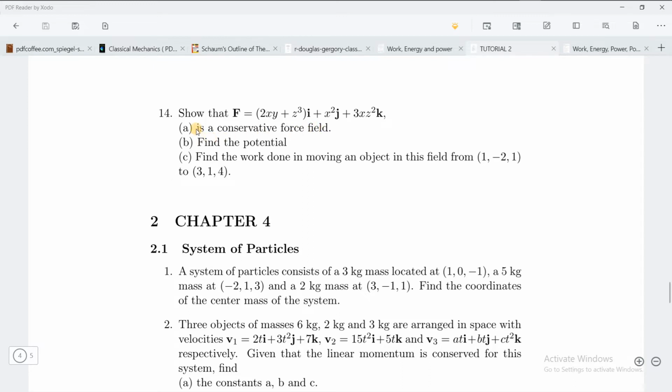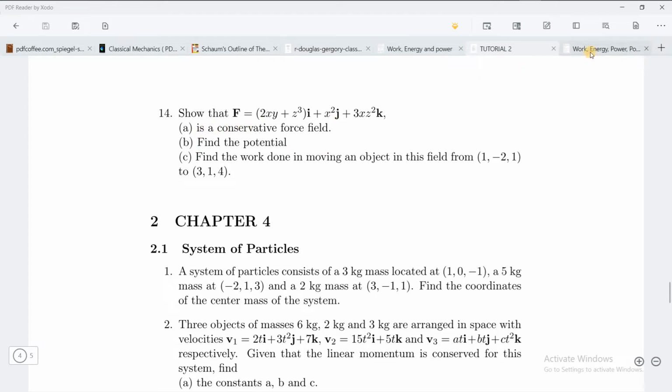We have been told to show that this is a conservative force field. So we follow the same procedure which we did last time. We just take del cross F, and if we find that it is equal to 0, then we have shown what we wanted to show.